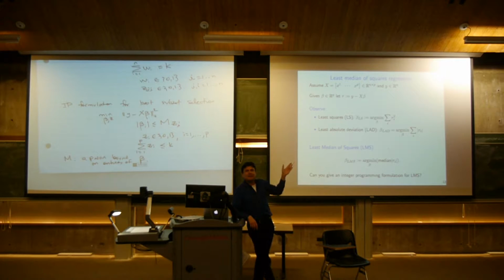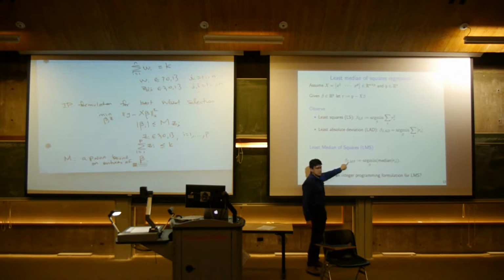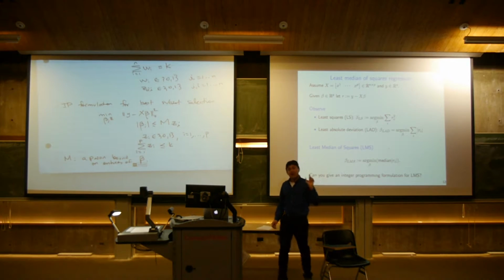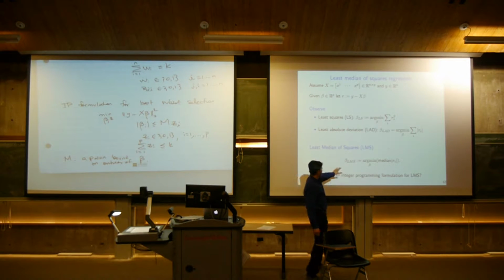The second one is not quite smooth, but still manageable via linear programming. So the second one is still a decent one. By contrast, this problem is a much more difficult problem. This cannot be modeled as a convex, at least not as a manageable convex optimization problem.